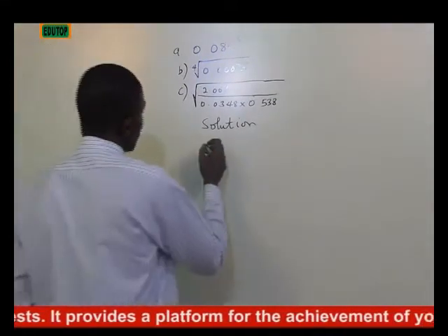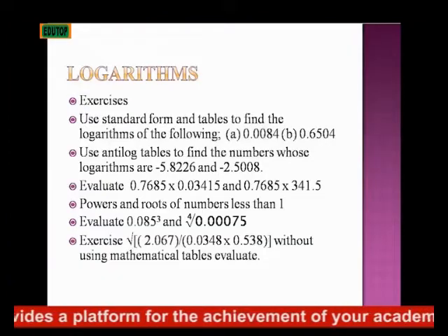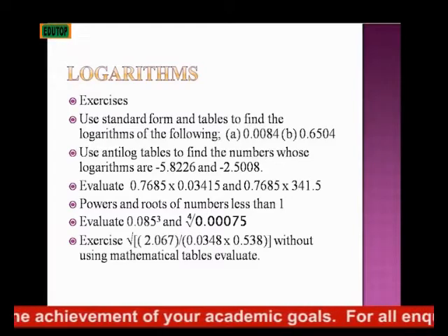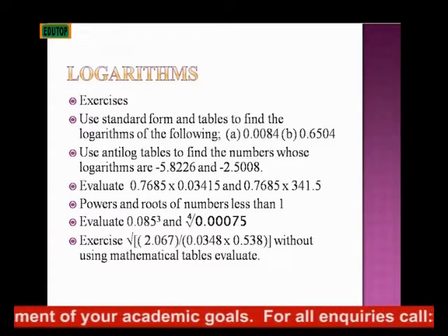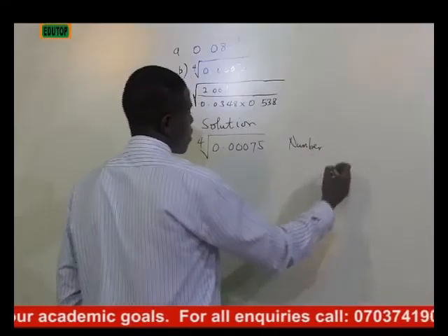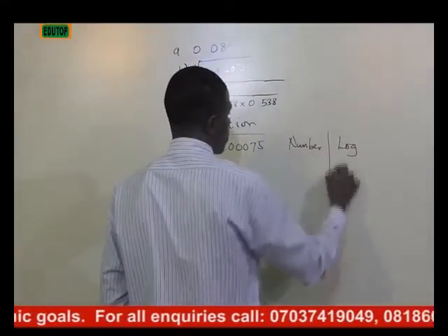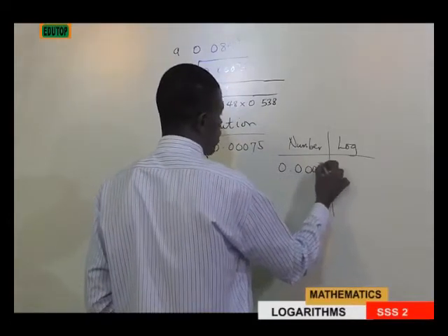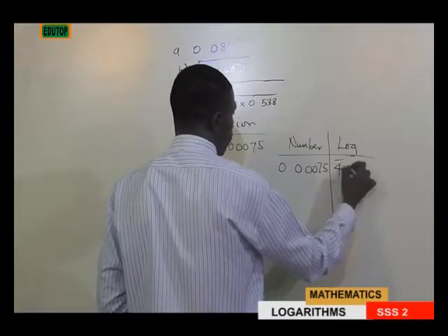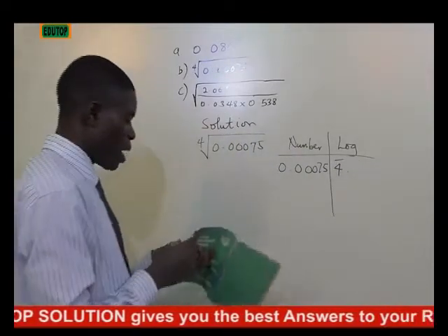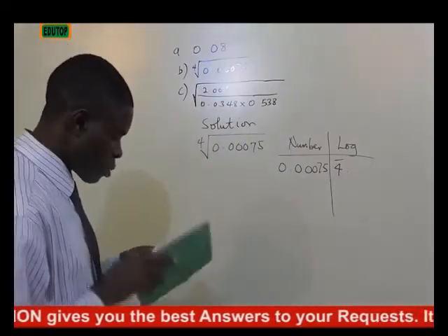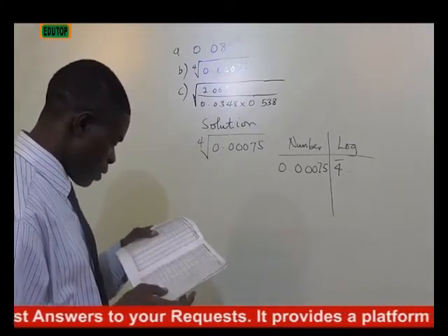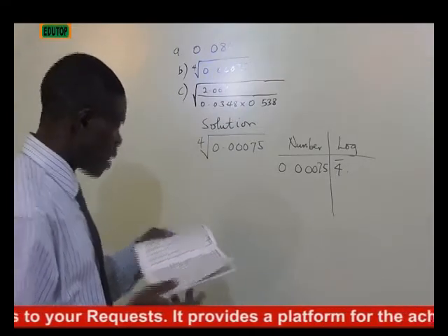Question B, which asks fourth root of 0.00075. So we have number log reading. So here we have 0.00075, which gives us bar 4. So we check for logarithm of number 75 under 0. Go to logarithm of numbers. 75 under 0, that's 8751.